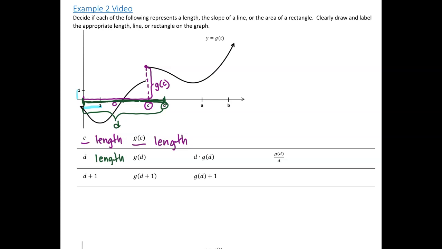Say that is length d. G of d is going to be the y value that goes with that x. So there's my g of d. Also a length. And now we're going to get into some of the more interesting stuff. What happens if you multiply a horizontal length by a vertical length? The answer is basically what we've done is we've built up the sides of a rectangle.